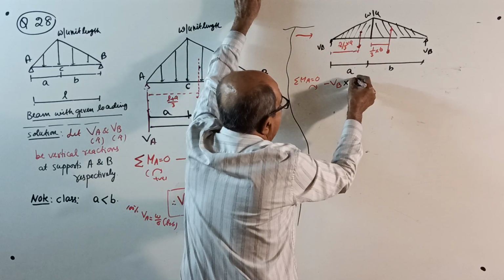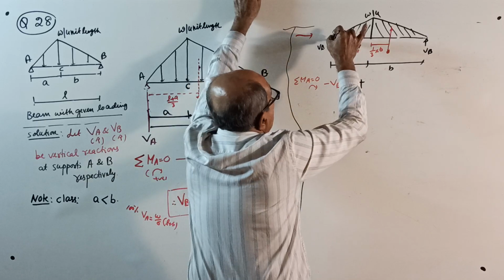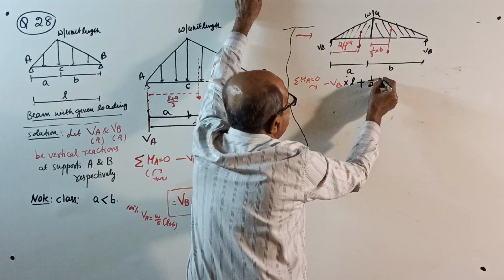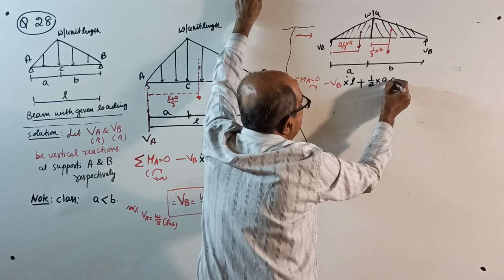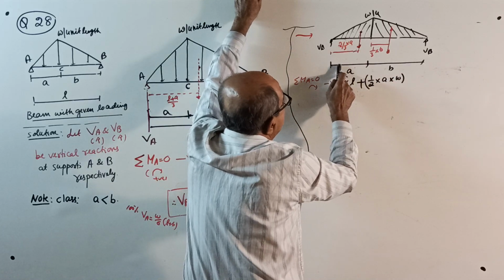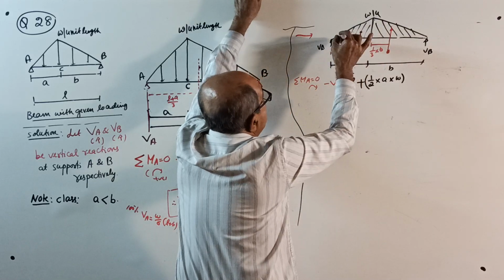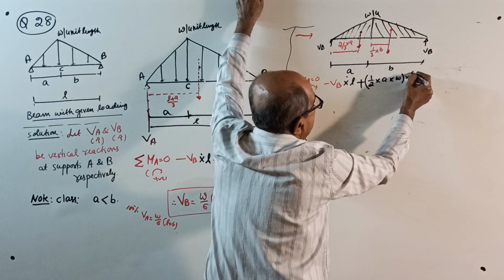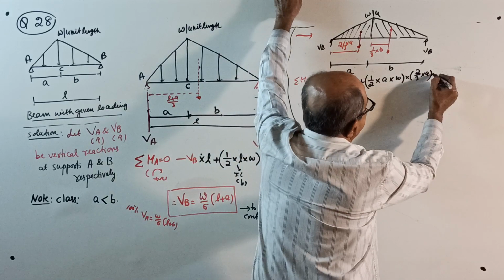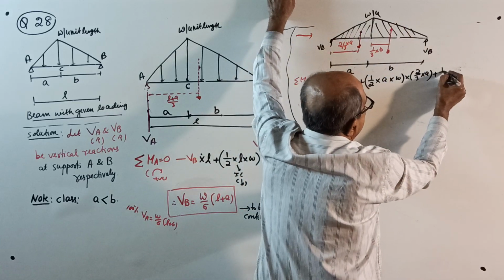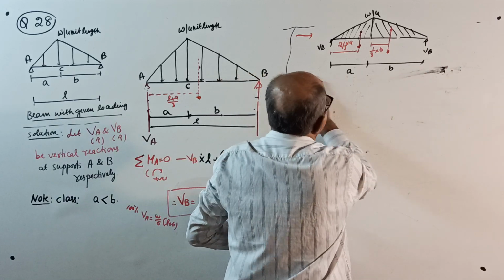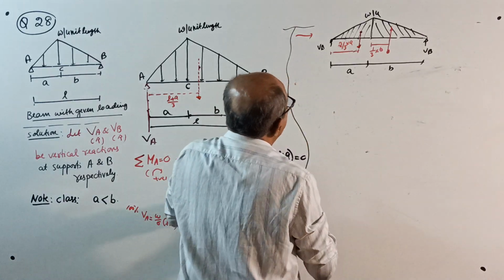Minus VB into L, plus, clockwise, the moment of this right angle triangle: the represented load is half into A into W, the total load, into the distance from here to here, 2/3 of A, plus this triangle. Space problem. I need more space. I am writing a little small because it will come down.